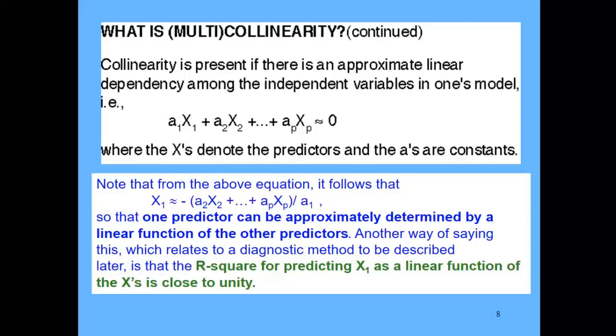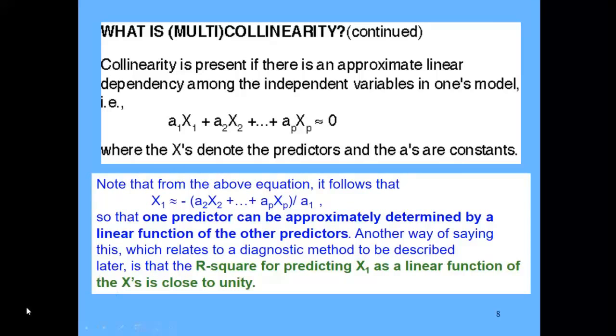Now, if you fit that model, and it turns out the other x's taken together very strongly predict x1, what would that translate to in terms of a linear regression term, from the linear regression course you took last semester? I've used the word R square down here.